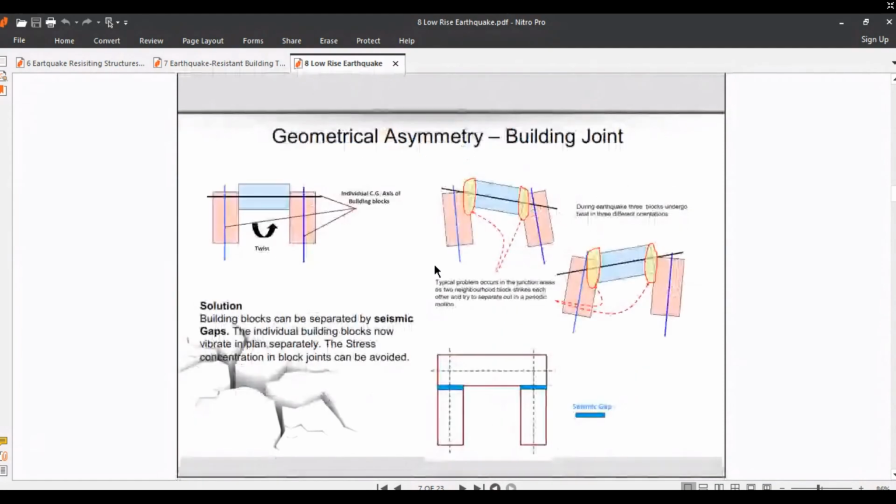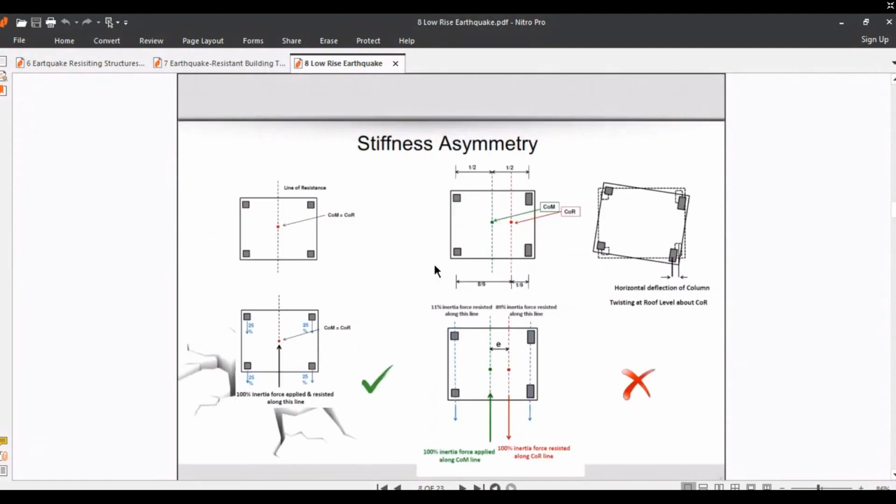Another asymmetry in building shape is stiffness asymmetry, type 2. As shown in this building, you can see the stiffness plans with COM, center of mass.